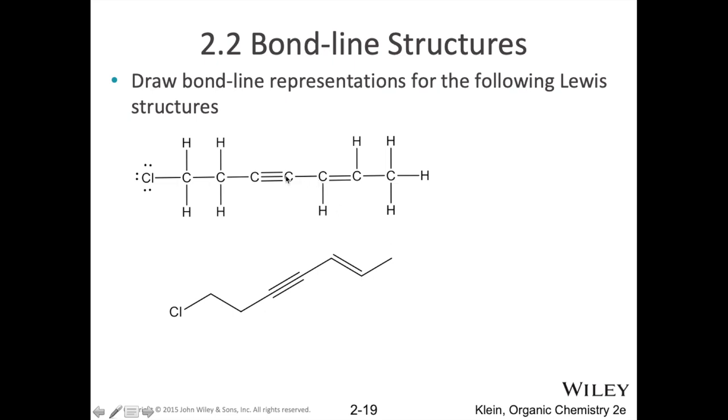We'd continue from this carbon. We have 1, 2, 3 more carbons. There's a double bond between these two carbons here, so that's where you add that double bond in here. And of course, we have this chlorine coming off this carbon. Since we want to continue that zigzagging pattern for this carbon-chlorine bond, you don't want to continue on this way, because then you wouldn't be able to see that there is a carbon here.